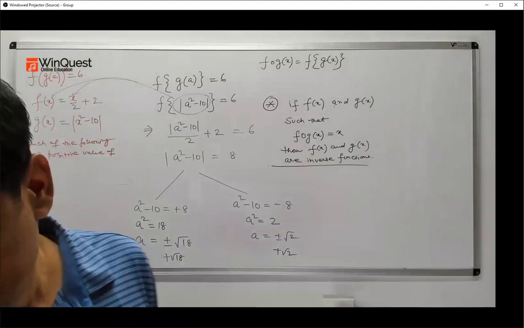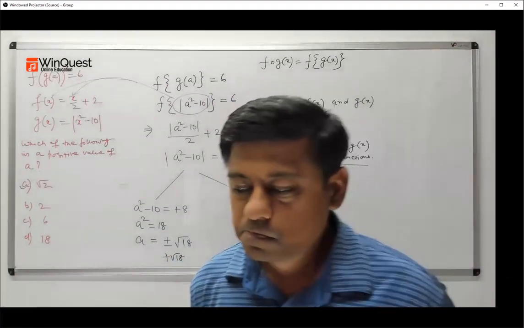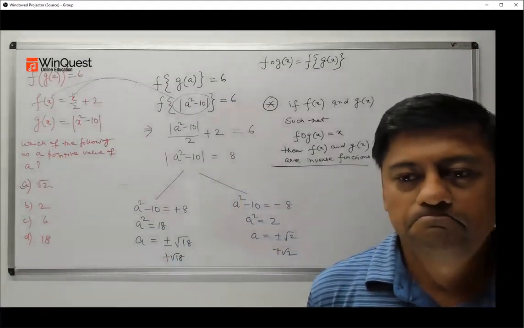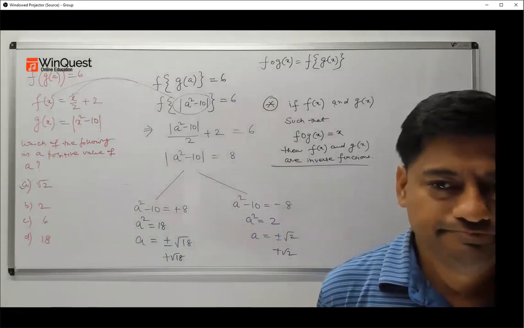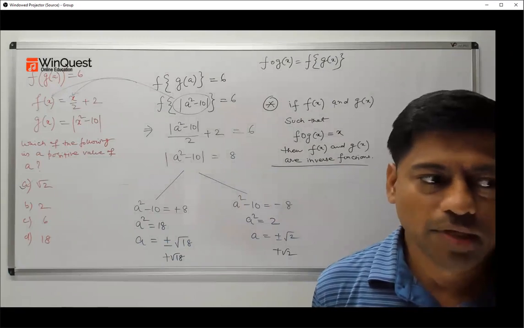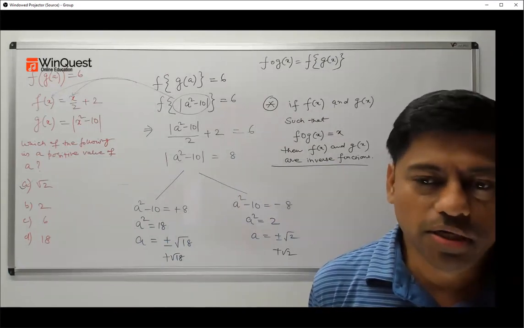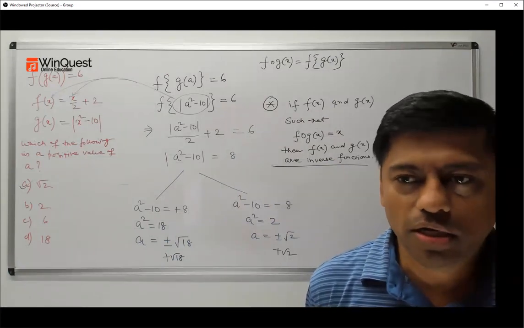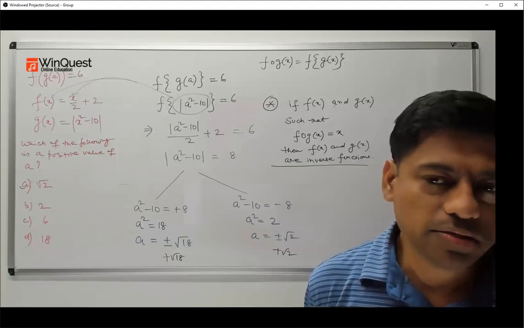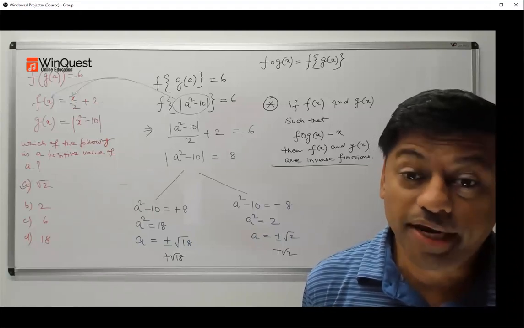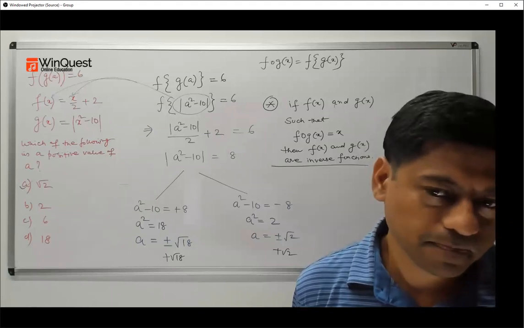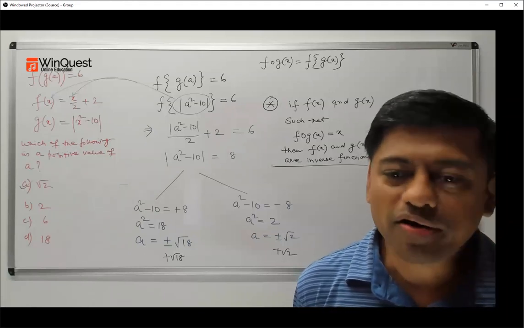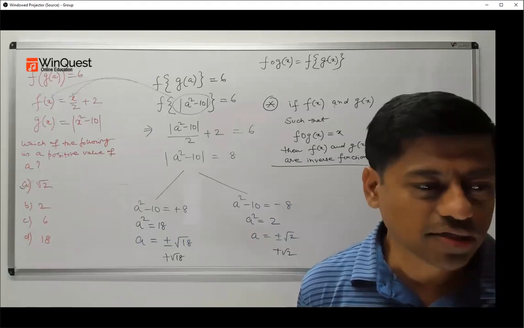Are we clear? How is it clear? It's a rule that I gave to you, which is not clear. Did I prove anything? Did I explain what is inverse? Did I give you an example? Nothing. But it works. What we need to remember: there are two functions, f(x) and g(x).